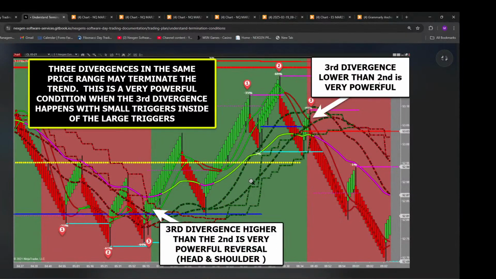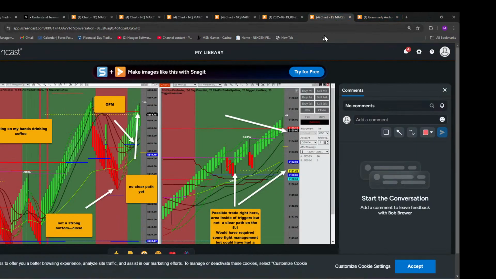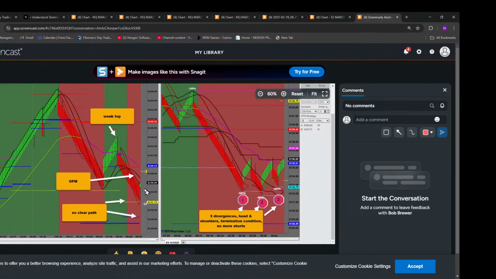This is the only termination condition on a small chart. 3 divergences in the same price range may terminate the trend. 3 losses of momentum in the same price range is telling you things the large chart can't because it moves so slow. And then that third divergence is higher. It makes a head and shoulders. It becomes even a little more powerful. And you nailed it, Bob. You said, whoa, that's an indication that things might be changing.